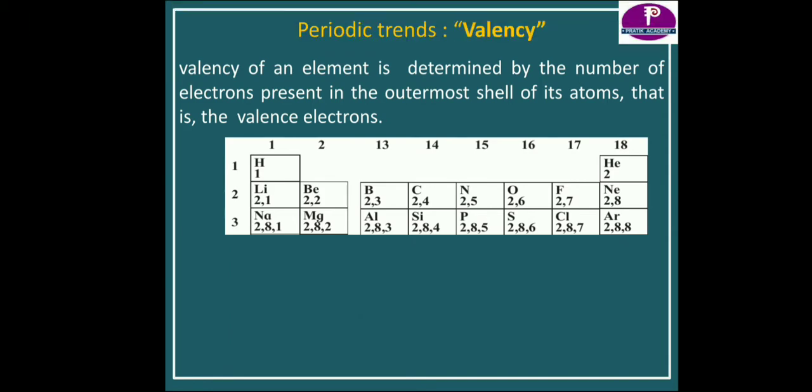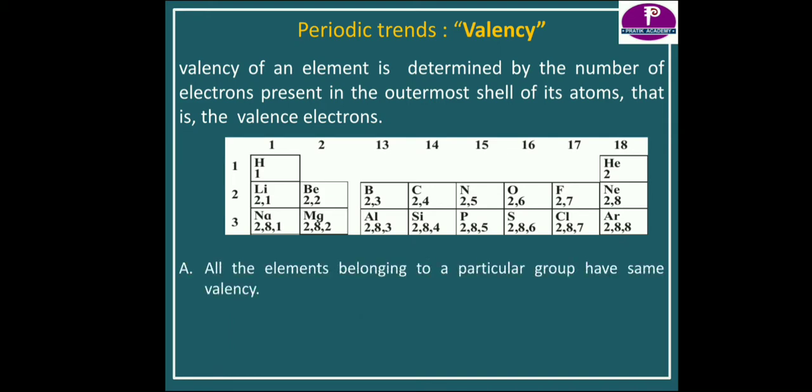So that is the first conclusion, that the number of valence electrons remains the same in any group. That means valency remains constant in any group. All the elements belonging to a particular group have the same valency because the number of valence electrons remains the same.